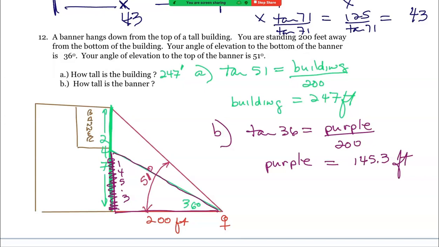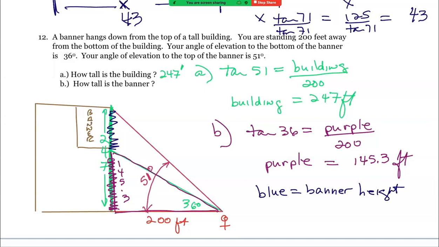They want to know the size of the banner. So they really want to know, and we'll do this in blue, just this. So you need to figure out the blue. So blue equals the banner height, how tall it is.